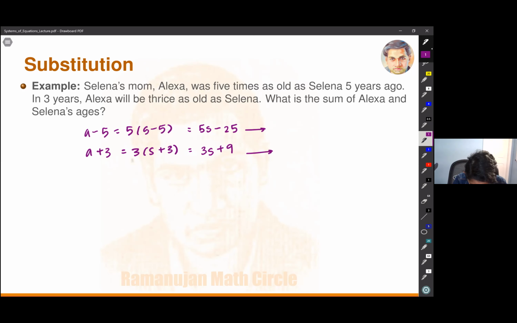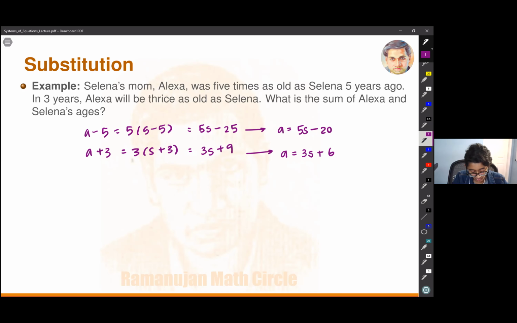And now, we could add 5 on both sides. So we get A is equal to 5S minus 20. And then for the second equation, we subtract 3 on both sides. So we get A is equal to 3S plus 6.